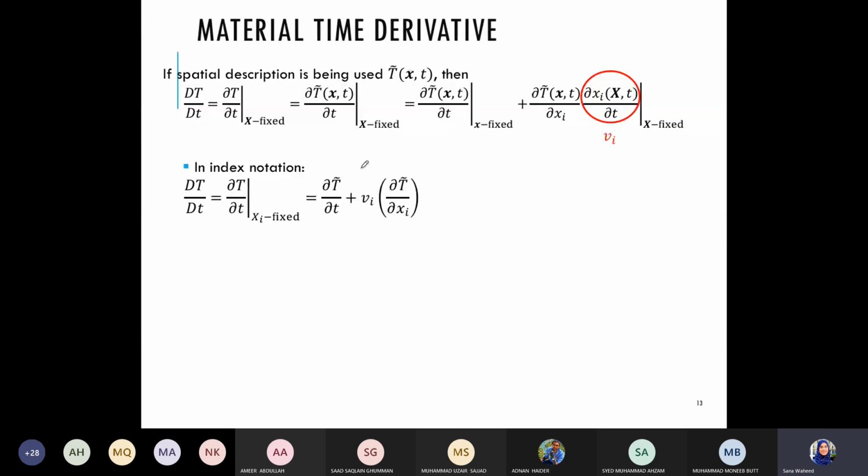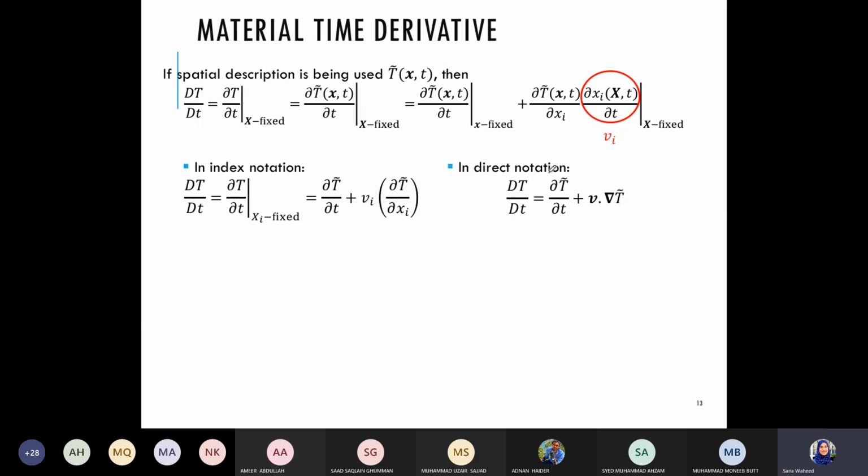Then my material derivative is just going to be the time derivative of this tilde field plus the velocity of the particle multiplied by the spatial gradient of temperature.